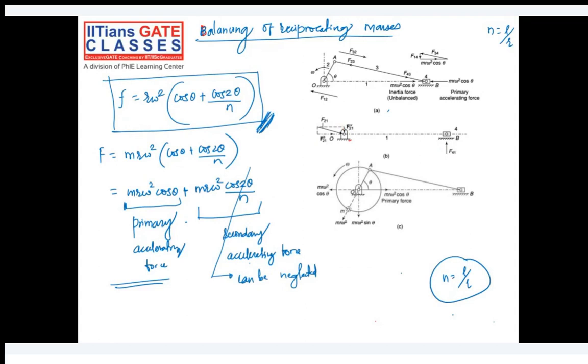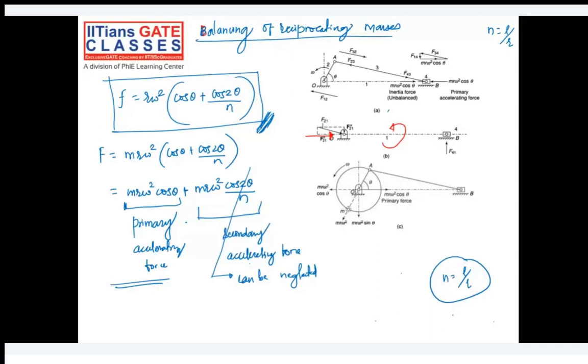Do you agree? So there are two kinds of issues in our system because of this inertia force. One is F21H, which is a shaking force, and a couple, which is coming from F21V and F41; we can call it a shaking couple.